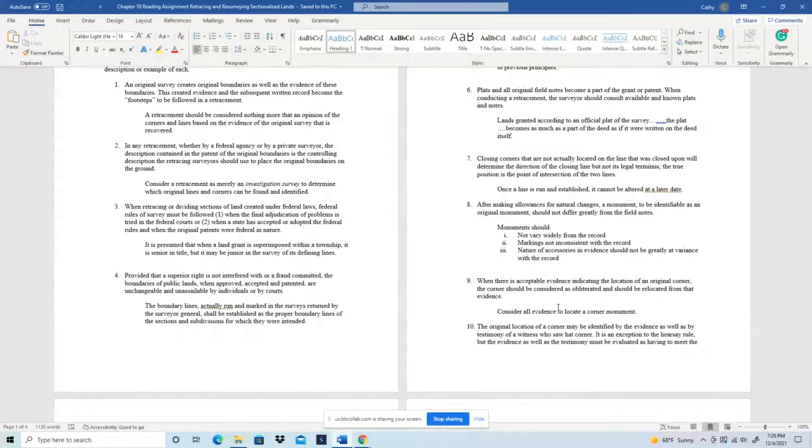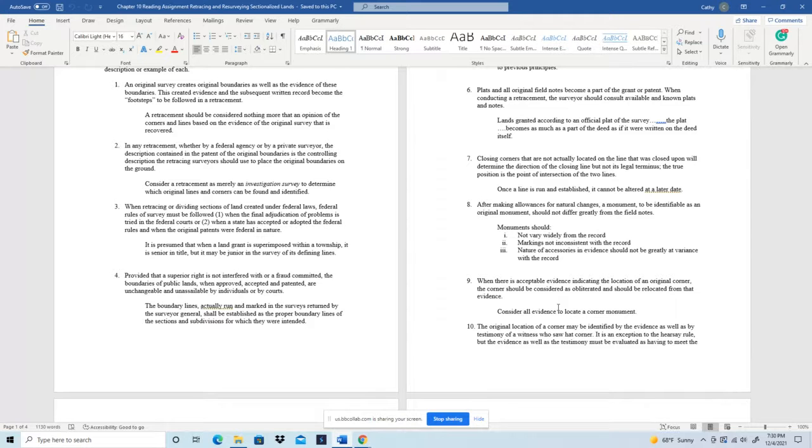Once a line is run and established, it cannot be altered at any later date. Number 8: after making allowance for natural changes, a monument to be identified as an original monument should not differ greatly from the field notes. So I guess monuments shouldn't vary widely from what's of record.